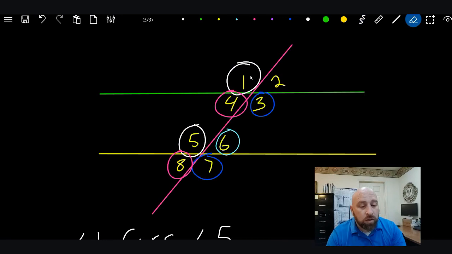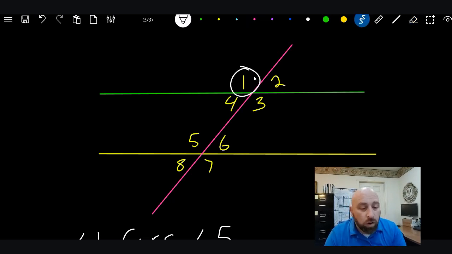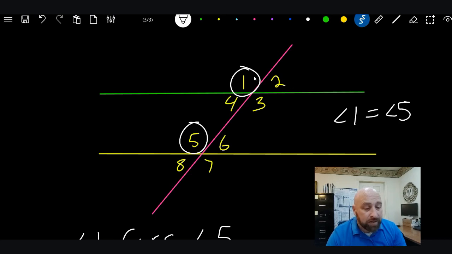So now that we know what corresponding angles are, let's go back and look at corollary 7.1 again. It says, when two straight lines are cut by a transversal, if two corresponding angles are equal, then the two straight lines are parallel. So if I can prove that angle 1 equals angle 5, then I prove parallel lines.